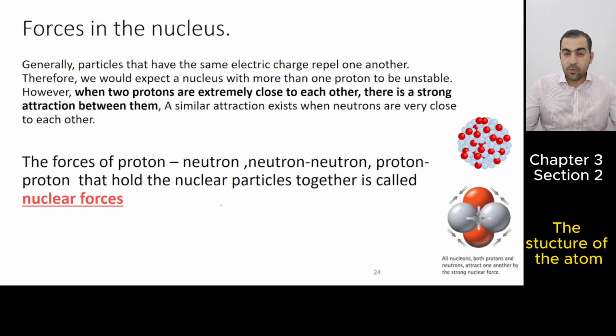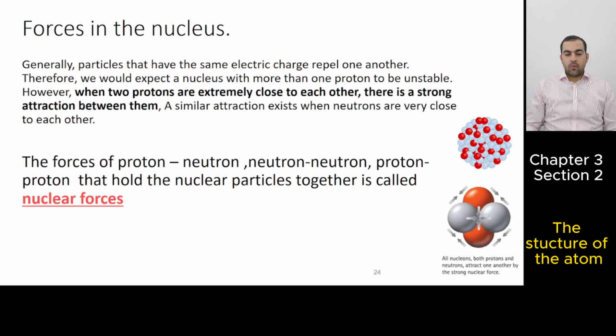Forces in the nucleus. Guys, we have protons and neutrons inside of the nucleus. So what force holds these protons and neutrons together? We know that protons repel each other because they have the same charge. Why don't they repel each other in the nucleus of the atom?